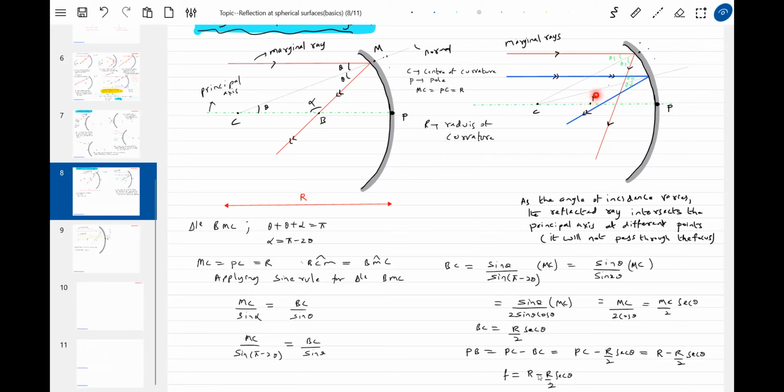So the focus is defined only for paraxial rays. Got the idea now? The angle of incidence should be very small and the point of incidence should also lie very close to P. Then they become paraxial rays. That is the basic difference between marginal and paraxial rays. It is a very fundamental one.